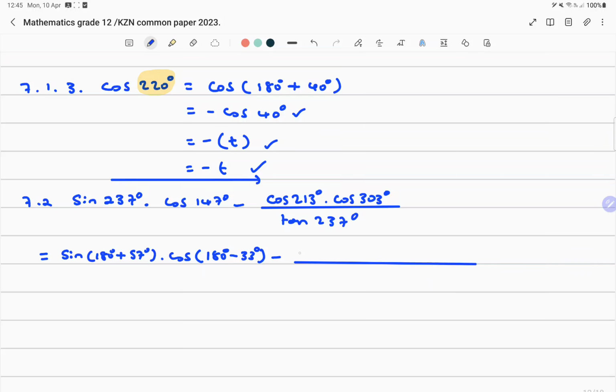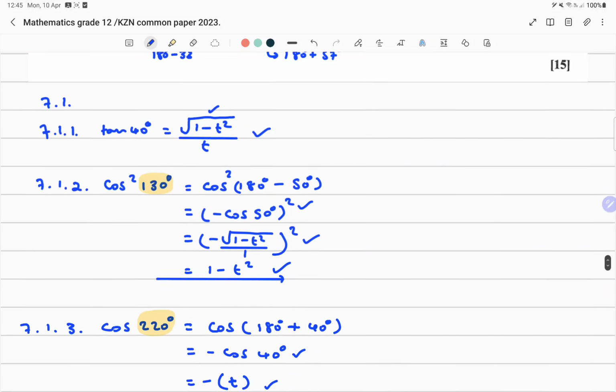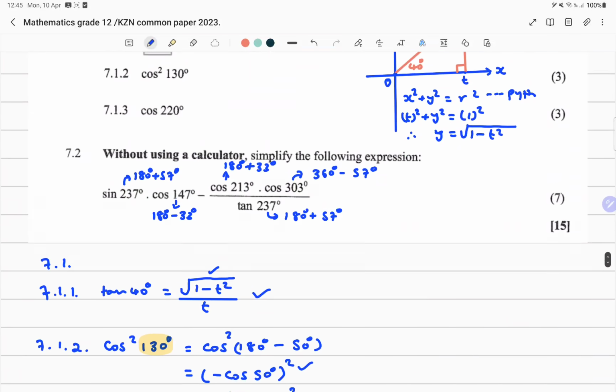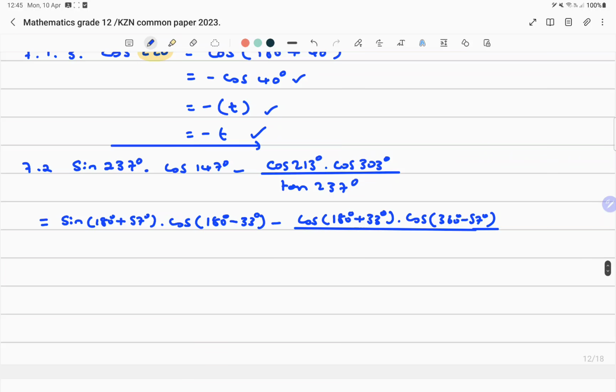This is the same as cos of 180 degrees plus 33, times cos of 360 degrees minus 57 degrees, all over tan of 180 degrees plus 57 degrees. So this is as good as that. You always want to show this before you reduce, because it has to make sense to somebody.